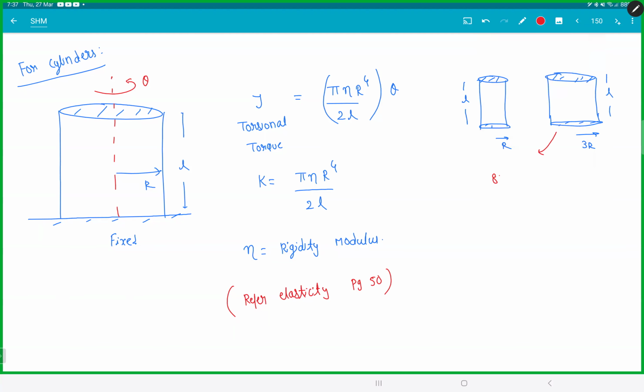This guy is 81 times more difficult to twist, 3 power 4. Means if you apply same torque, that will rotate only theta by 81. Clear with that? So K simply tells you how difficult it is to twist a body. So thicker the body, the more difficult to twist. Longer the body, more easy to twist.